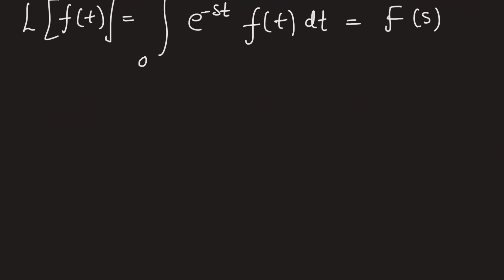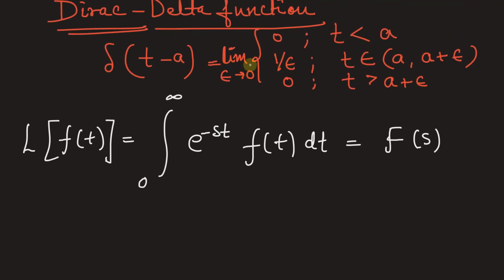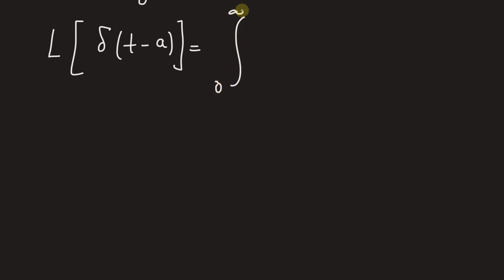Since this Dirac delta function is defined in the limit a to a plus epsilon, with epsilon tends to 0 and value 1 upon epsilon, let's write it here. The Laplace transform of the Dirac delta function delta(t minus a) can be written as the integral from 0 to infinity of e to the power of minus st, and instead of f(t) we write the delta function, delta(t minus a) dt.